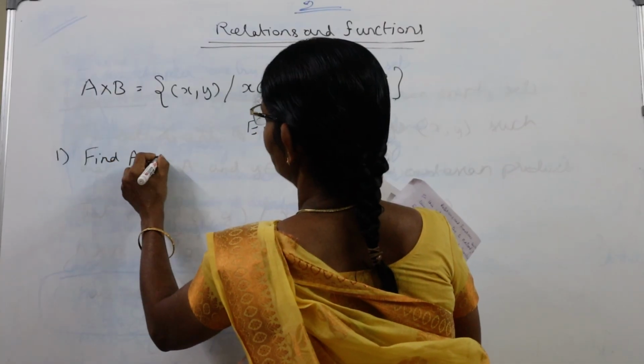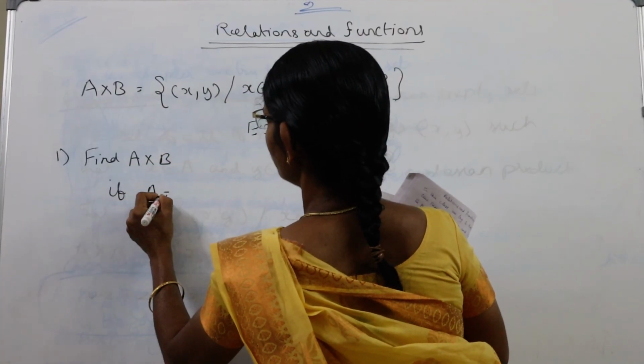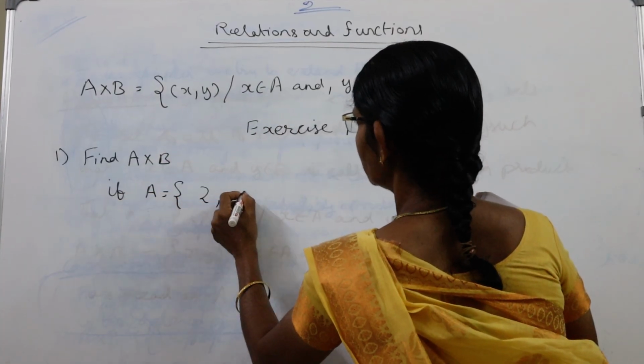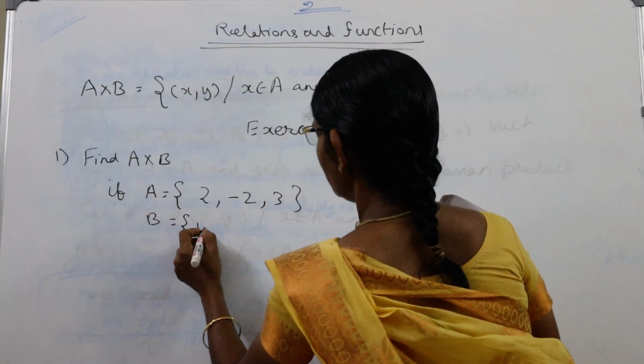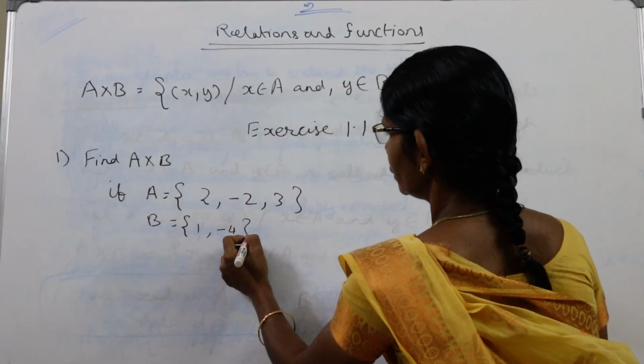Find A cross B if A equals the set {2, -2, 3} and B equals the set {1, -4}.